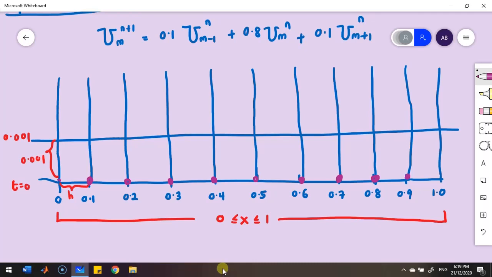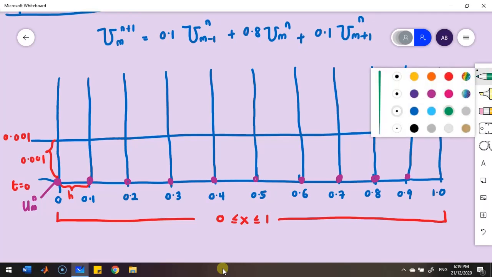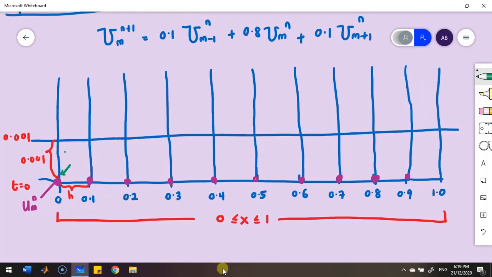If this is the point u_m,n, which is my u_0,0, I can just use another marker. So this is my big U_0,0. Now, how do you write this? Remember, m,n: this is m, and n is always 0 here.